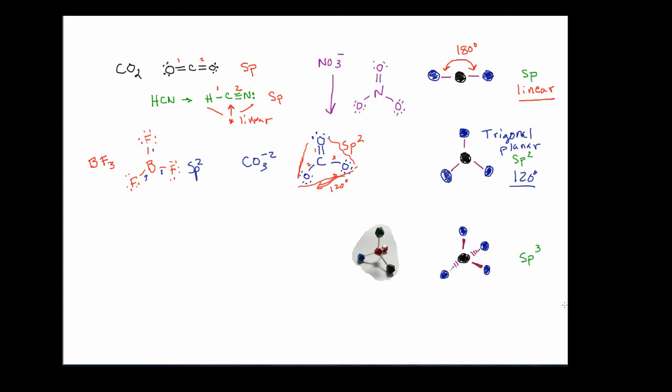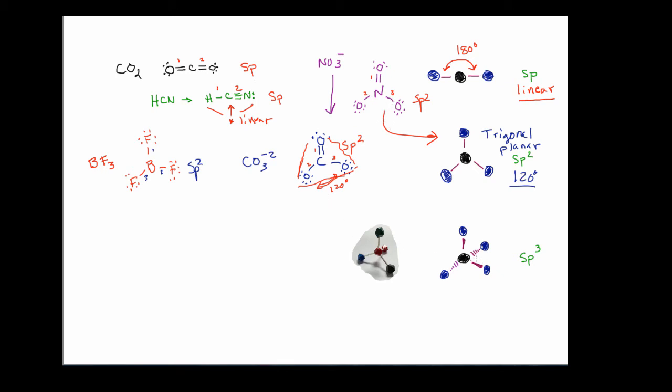And again, to figure out our geometry, I'm going to count bonding units. 1, 2, 3. So this is an example of another sp2 molecule. So it's trigonal planar and the bond angles are 120 around the nitrate.